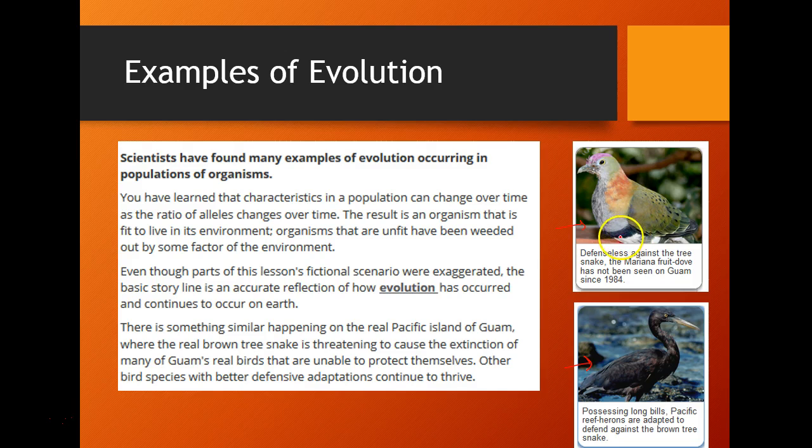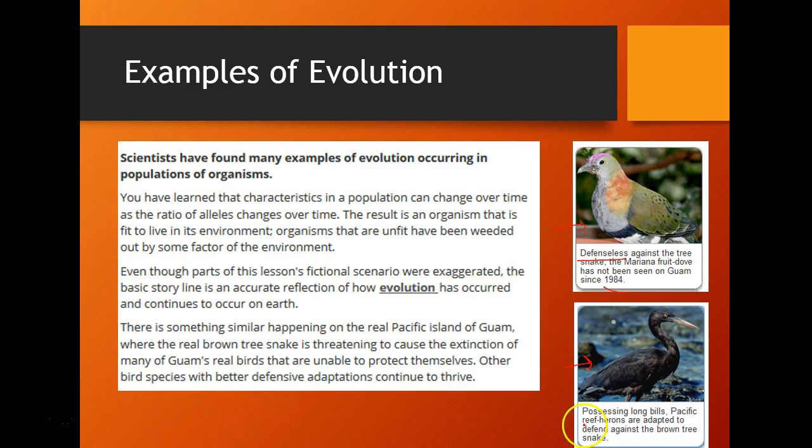And so they actually are facing extinction, or if not, have already gone extinct because we have not seen them since 1984. And that's because they are defenseless, right? And defenseless means they cannot defend themselves against predators.